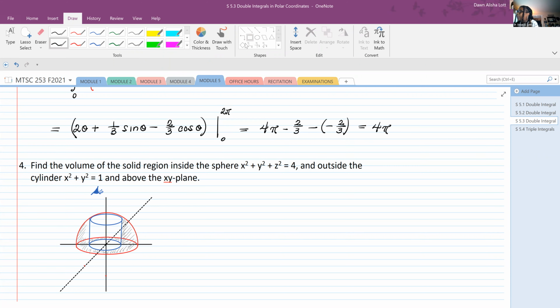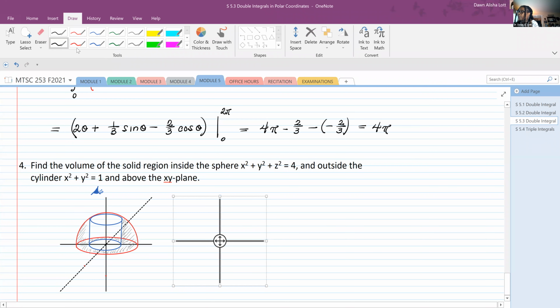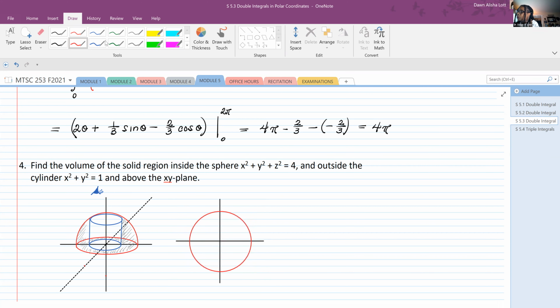So when I do that, the XY plane looks like two concentric circles. One bigger red one, and then one smaller blue one.